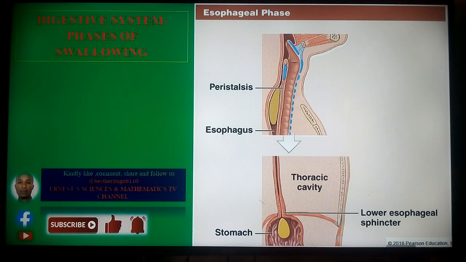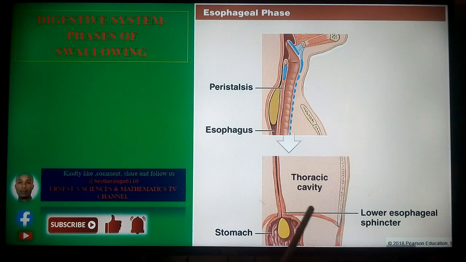I'd mentioned in our first video on basic human anatomy that the esophagus is a straight, muscular tube that extends from the pharynx to the cardiac orifice of the stomach. At this point, it forms a connection between the pharynx and the stomach, passing through the diaphragm.